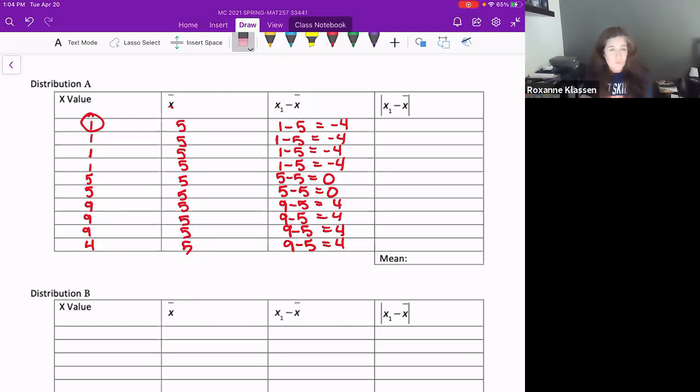Remember how this is called the mean absolute deviation? Deviation means difference or change. So that's what we're doing: we're measuring the changes or the distance from each data point to the mean. Like the first one is -4 away. Now, any other questions? I'll give you about 30 more seconds to process that before we do this last column.